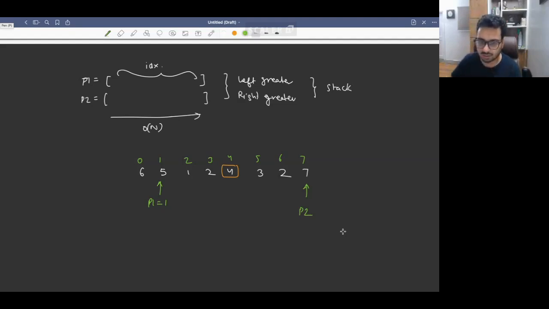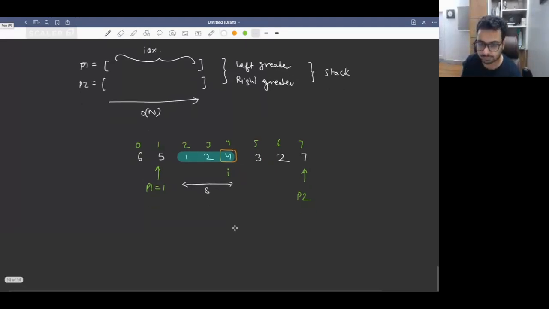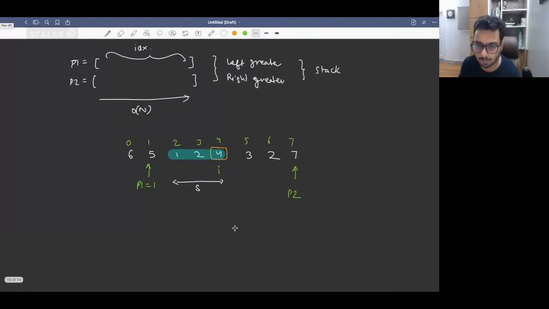That means I can start after p1. So from p1 till the ith index, how many elements do I have? In how many ways can I choose the starting point of the subarray? 3, but in terms of i and p1, it is i minus p1.